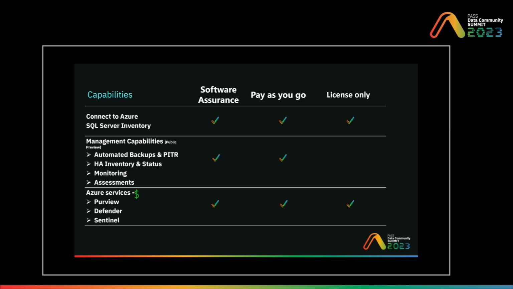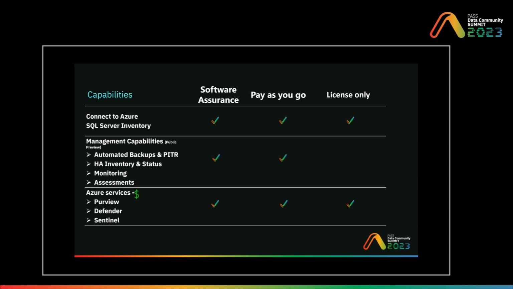You just need to tell us that I already paid for it, right? Once we know that these SQL Servers are already paid, then a bunch of these capabilities are going to come to you for free, like the auto backups, the migration assessments that I talked about, the basic monitoring capability. These all come free for you. You don't have to pay anything.